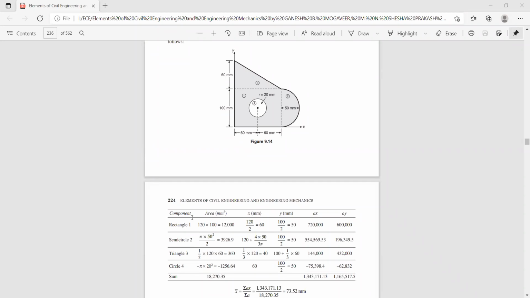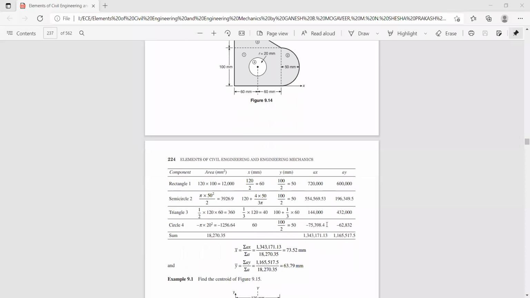So you have a1, a2, a3, a4, x1, x2, x3, x4, y1, y2, y3, y4. Then you can use the basic equation, that is x bar is equal to a1 x1 plus a2 x2 plus a3 x3 minus a4 x4 divided by a1 plus a2 plus a3 minus a4, because we need to take out this circle from the entire figure.